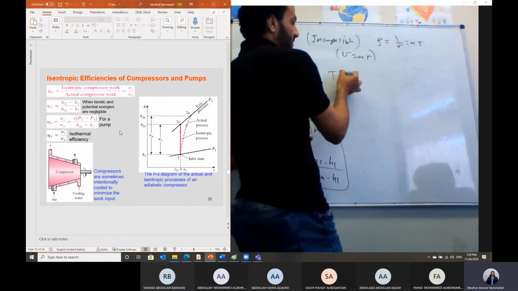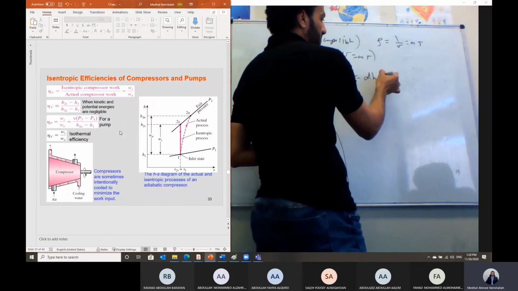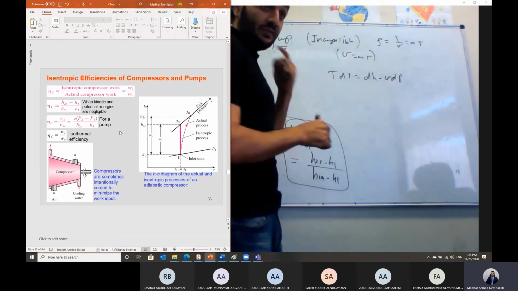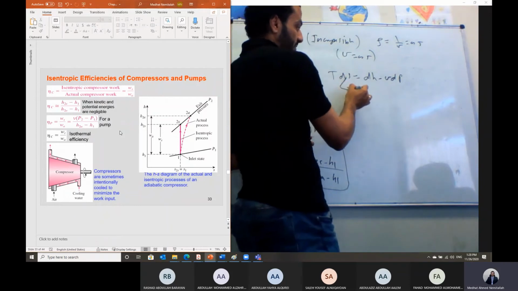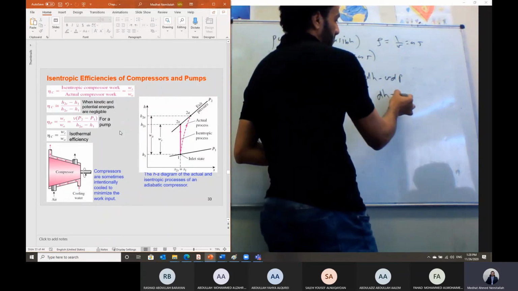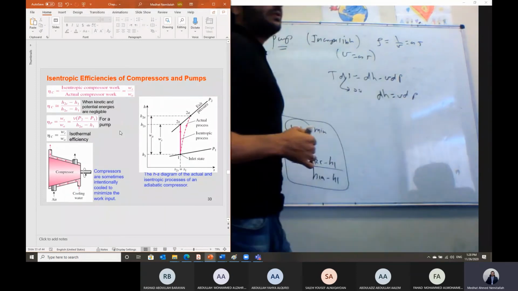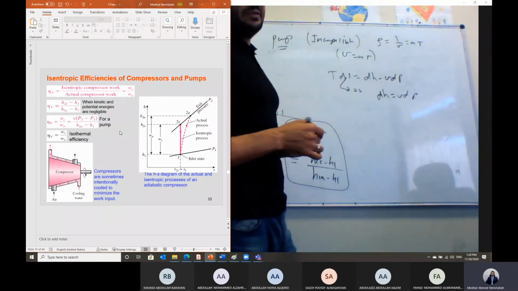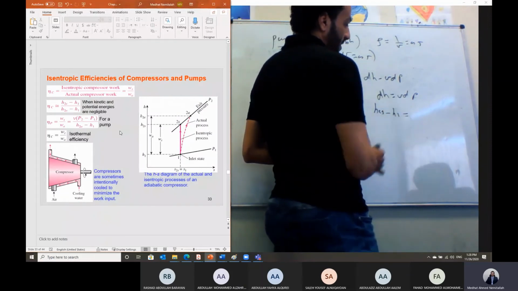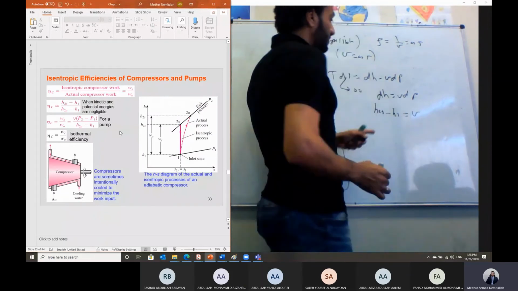If you look at the TdS relation, we have TdS equal to delta H minus VdP. If the process is isentropic, then delta S is 0. So that means delta H is equal to what? It is equal to VdP. Delta H isentropic, which is H2S minus H1, will equal VdP.